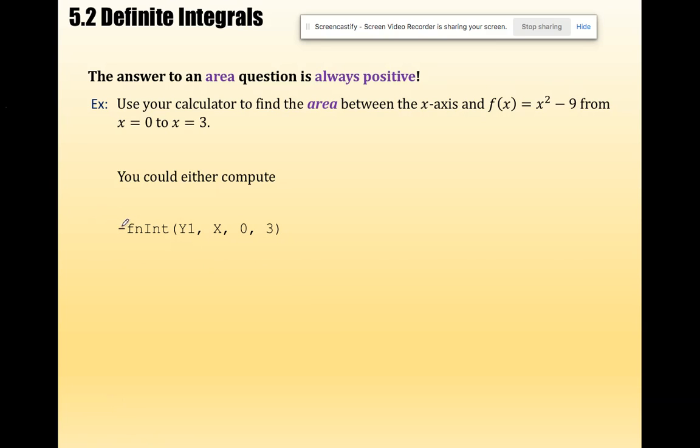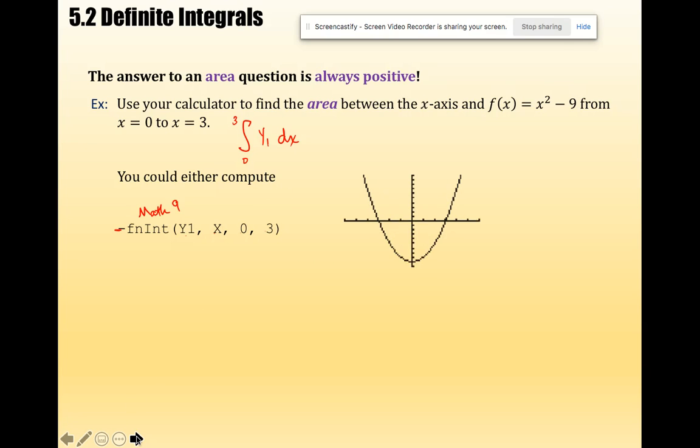Or check this out. On my calculator, I can just type negative Math 9. And again, this is the older notation. I don't bother writing the new notation because it is just the actual math notation. Or, you know what else I could do?